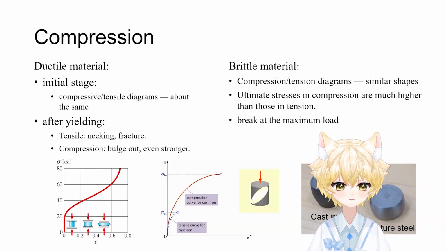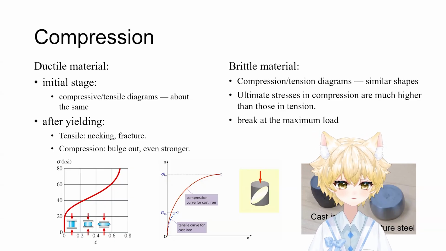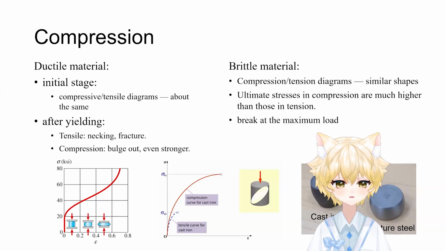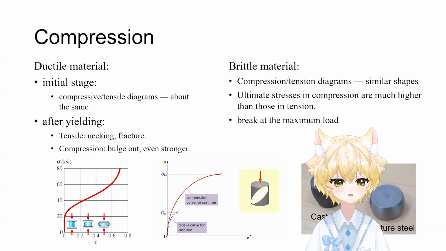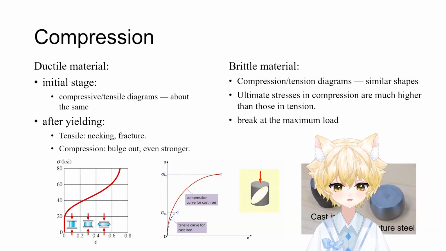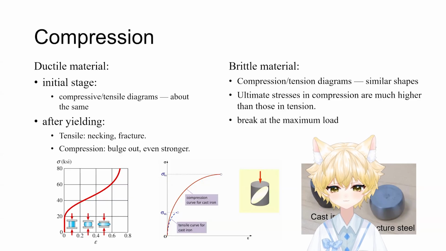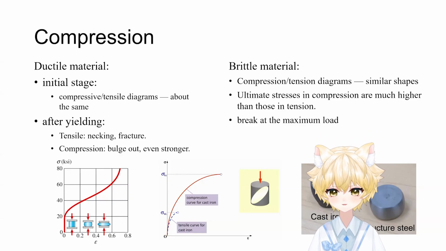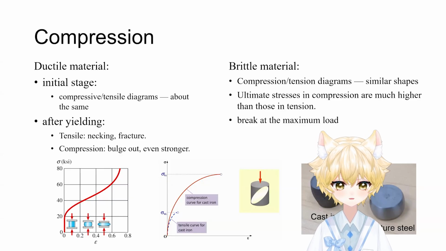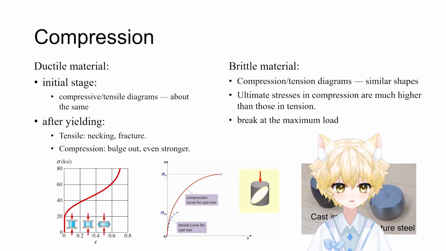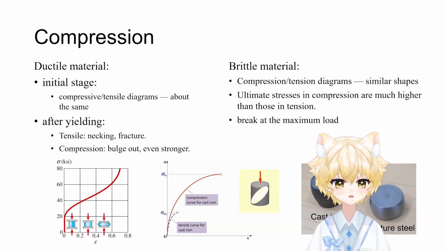First, let's look at ductile materials, like steels, right? In the initial elastic stage, tension and compression look basically the same. But once you pass the yield point, the compressive situation diverges, right? In tension, as we saw, the material necks down, gets thinner, and eventually breaks.